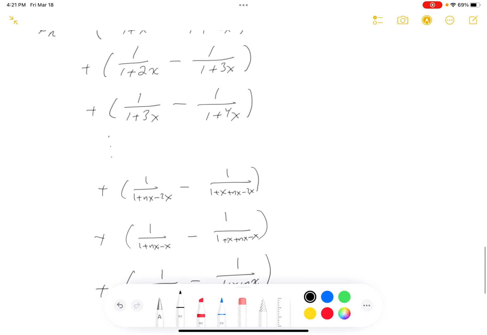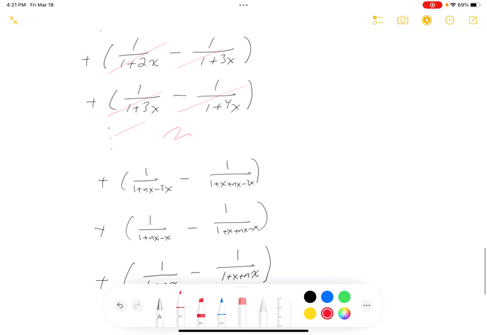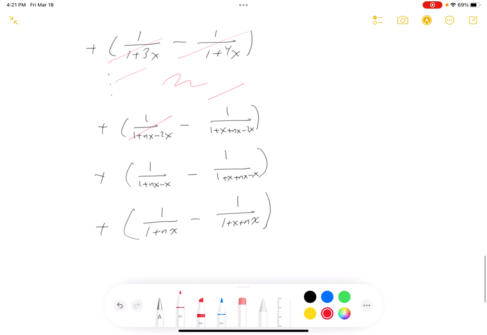I know it's tough to look at, but I'm going to start looking for things that are easy peasy lemon squeezy. This disappears. This disappears. This disappears. And by the way, I hope you realize that everything here disappears. There's a term here that makes this disappear. Let's look at this.